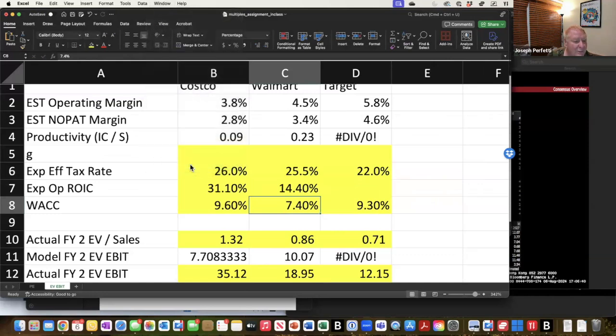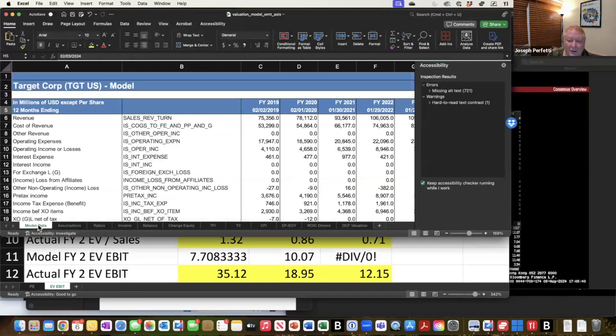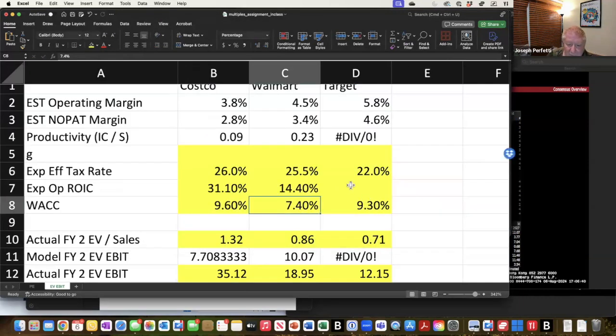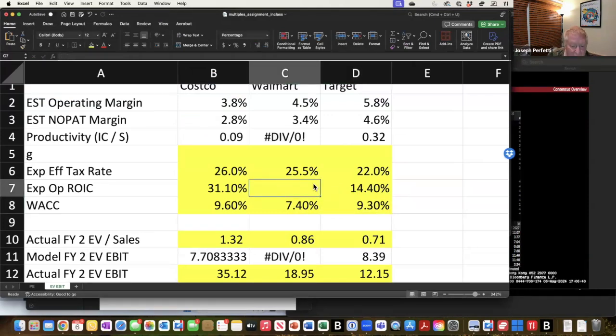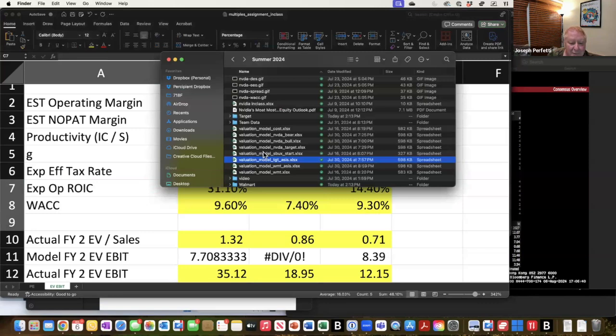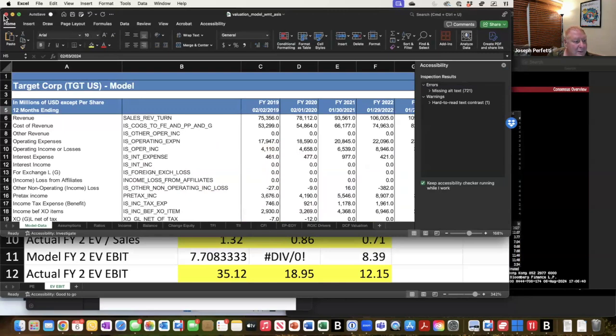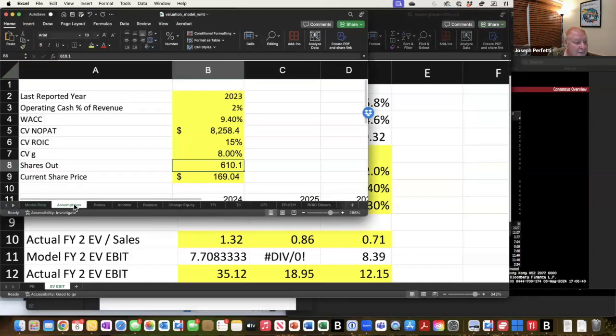Should be the same for Walmart. The right company here? No, that was Target. Target was 14.4. Got the wrong file name here. What was Walmart? Unfortunately, I don't know what I did. Did I overwrite that file?